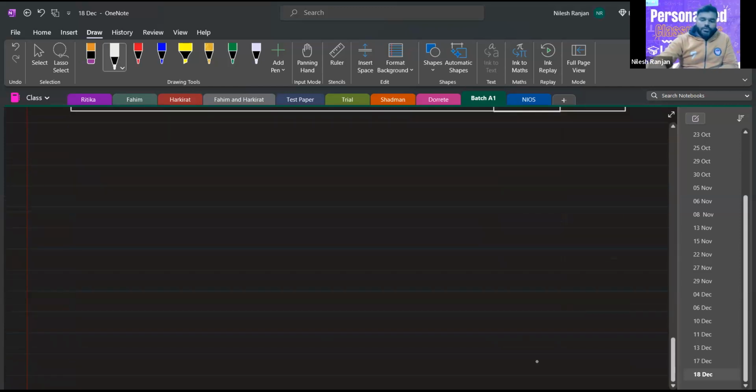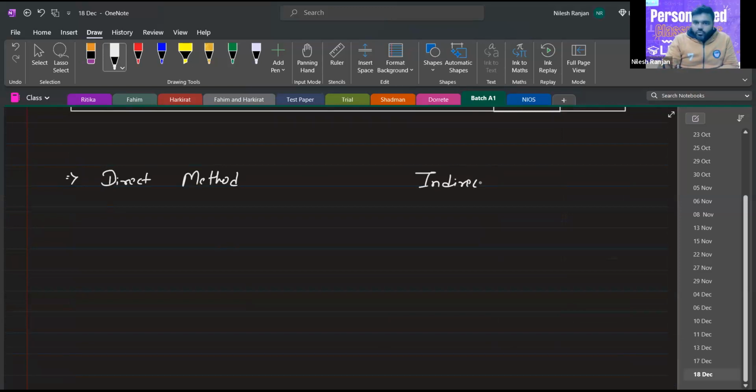Okay, here it is. The two methods that I was talking about are the direct method and the indirect method. Now, this direct method is not in your syllabus. We have to discuss only the indirect method, but I will tell you a little about this direct method so that you understand the concept. What is this direct and indirect?